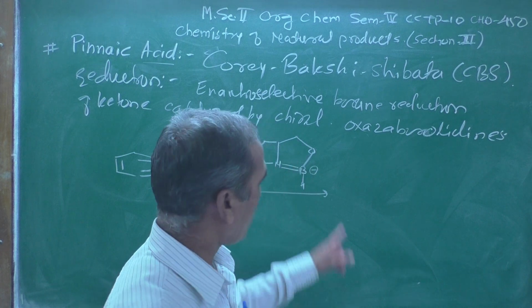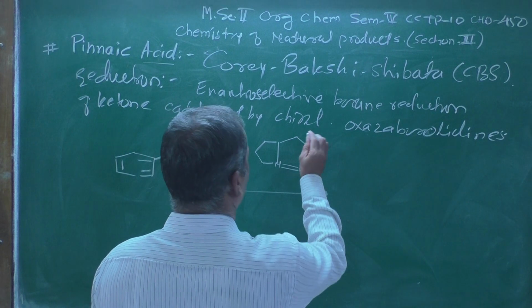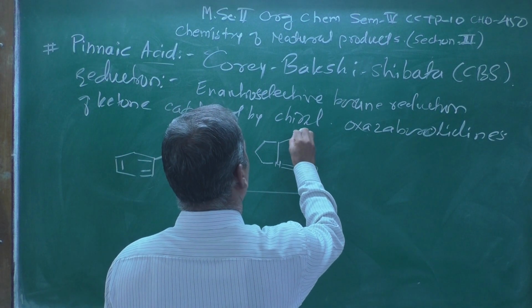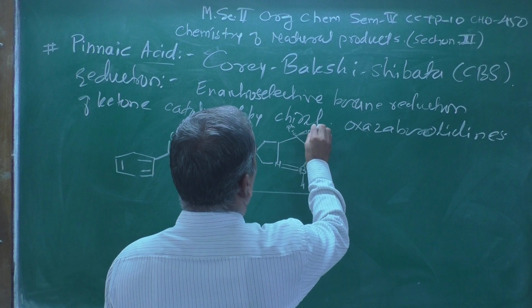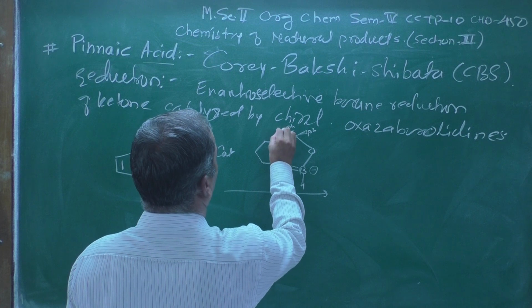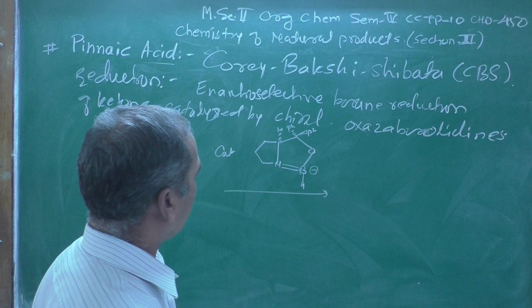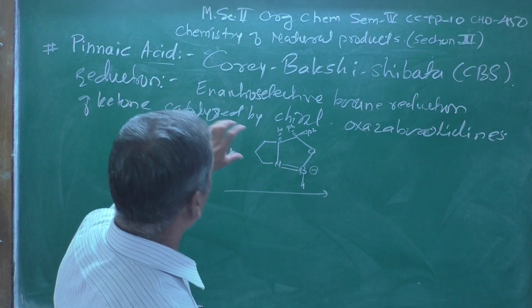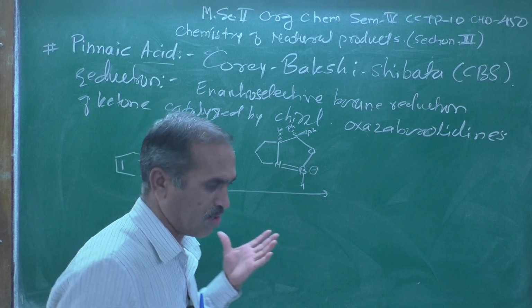That hydrogen atom can be used for the reduction purpose, and here is one of the phenyl groups, Ph, which I have shown over here. Here at this junction, the hydrogen atom is at a chiral center, so this is a chiral catalyst, and this is the starting material, which is optically inactive.